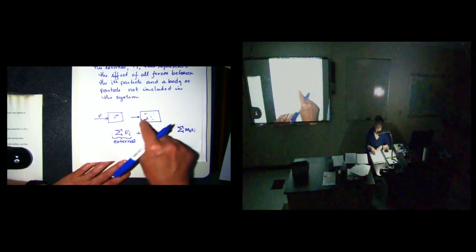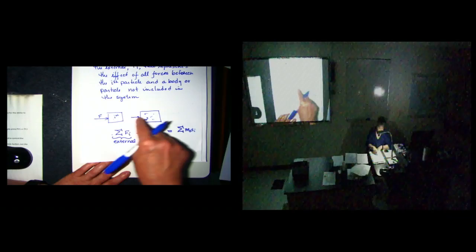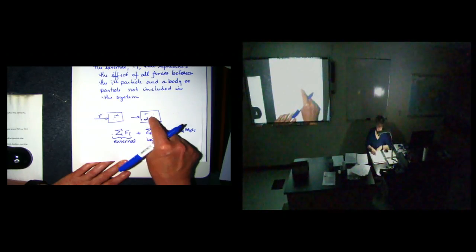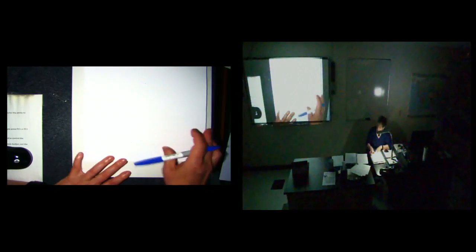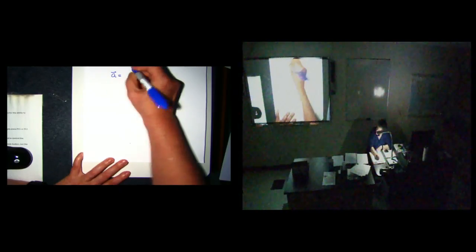And so I can look at my sum of my forces in the x direction, sum of my forces in the y direction, and the sum of my forces in the z direction. So I can look at it in terms of those x, y, and z coordinate systems.